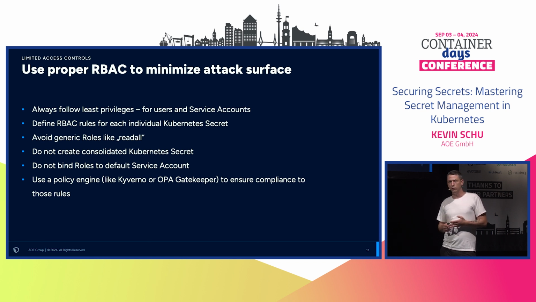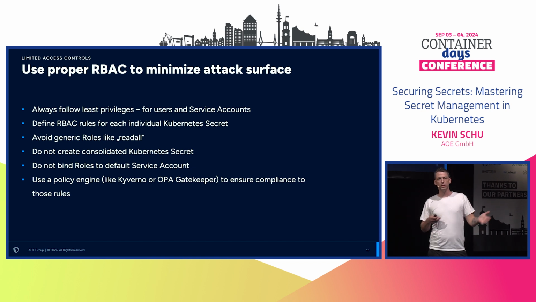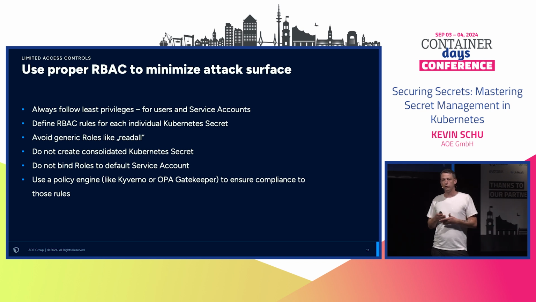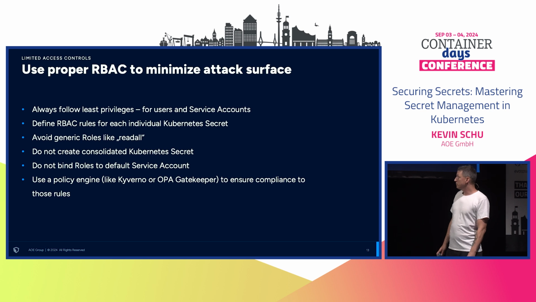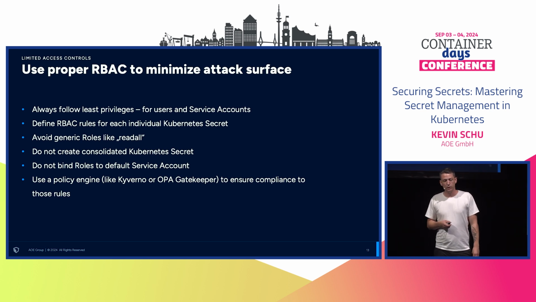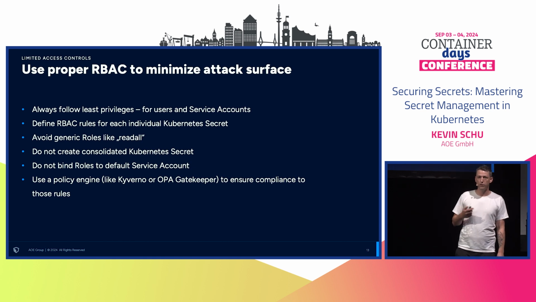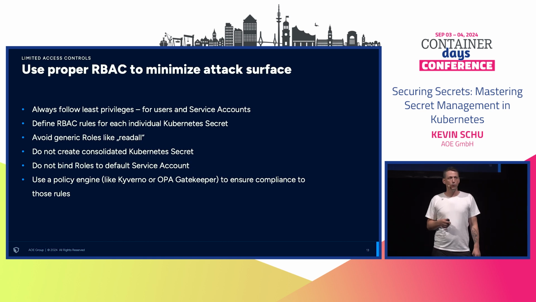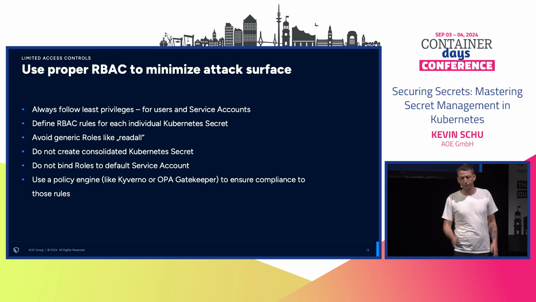I have also seen that a lot: Kubernetes secrets containing dozens of secrets for different use cases. You don't have attribute-based access control where you can drill down on a field level. This means ensure you create secrets for each specific context. And last, a very warm recommendation: implement a policy engine like Kyverno or OPA Gatekeeper to ensure that those rules we just talked about are actually enforced.